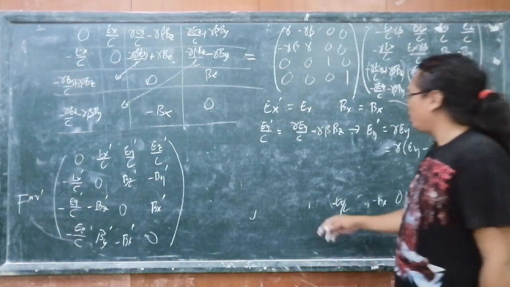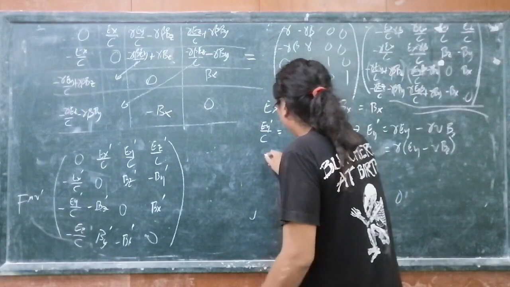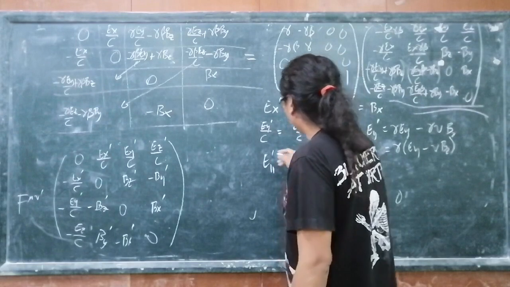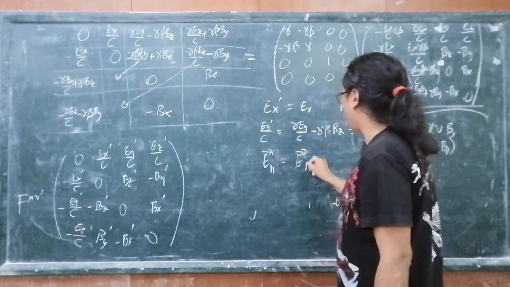In fact, it can be generalized that E parallel prime equals E parallel, in vector form.